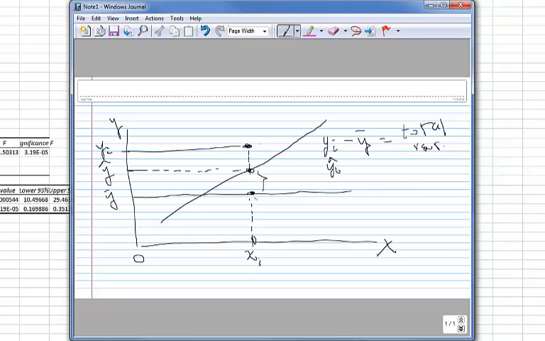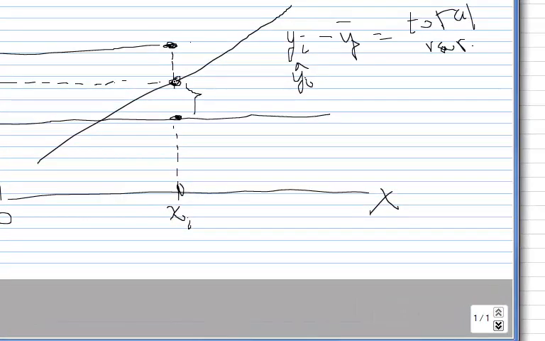Y hat is the value of y that is estimated by the line, as you can see right here. This is the actual value of y, and this is the average of y. Just add all the numbers and divide by 15 in this case. If you take y hat and subtract y bar, this is regression variation. This is variation due to the regression.